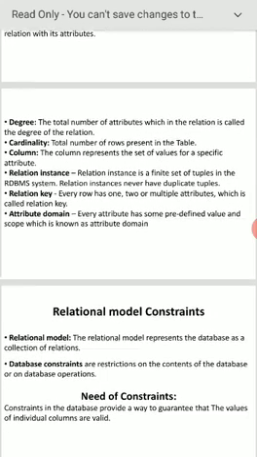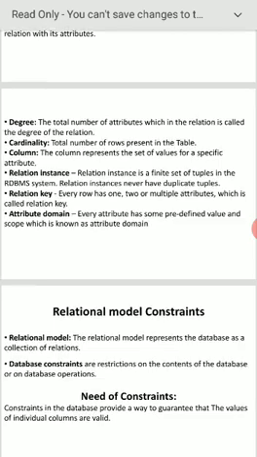So here I explained attribute, table, tuple, relation schema, degree, cardinality, column, relation instance, relational key, attribute domain. These terms are used in functional dependency.